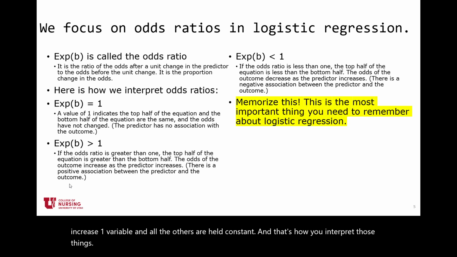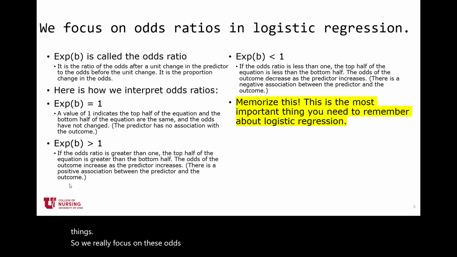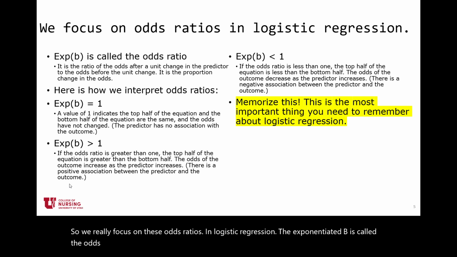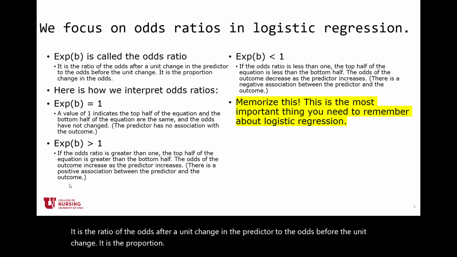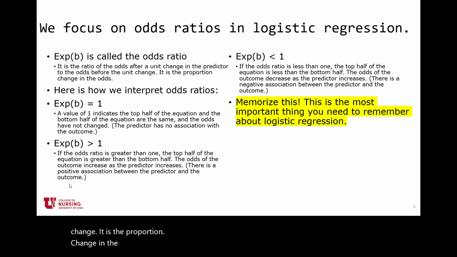So we really focus on these odds ratios in logistic regression. The exponentiated b is called the odds ratio. It is the ratio of the odds after a unit change in the predictor to the odds before the unit change. It is the proportion change in the odds. And if the odds ratio equals 1, it means there was no change.